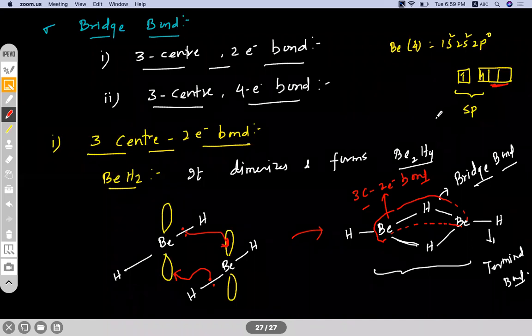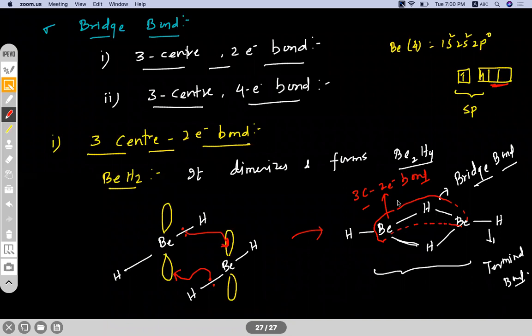Correct. So in order to get dimerized, this pair of electrons is donated to this orbital, or is associated with this nucleus, this hydrogen and this nucleus. We have 3 nuclei, and we get a bridge bond like this. It acts as a bridge between the two molecules.